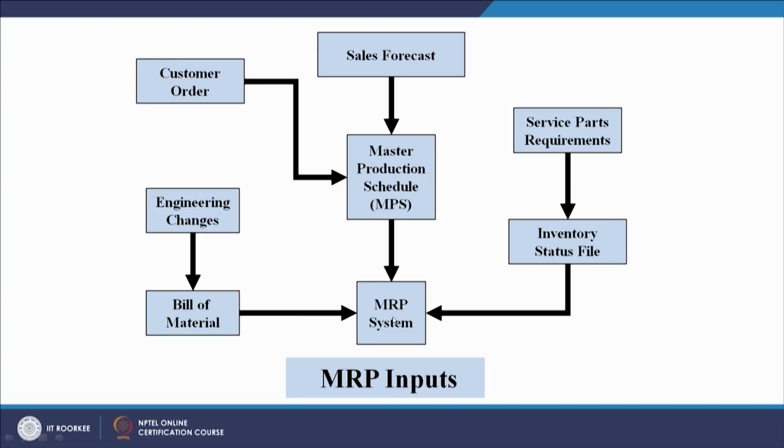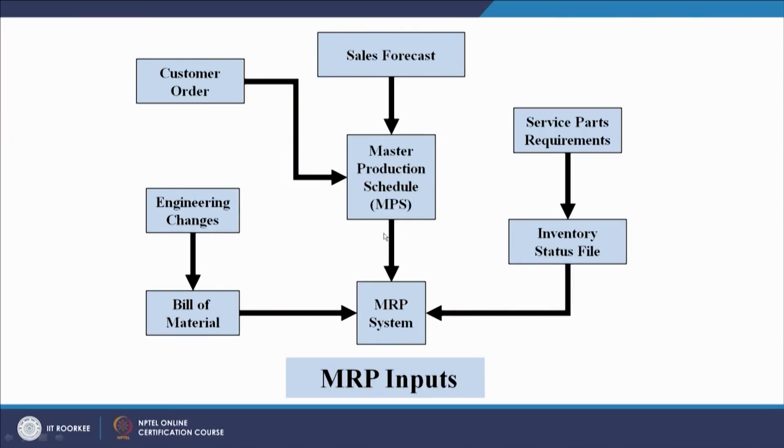So in the definition we have seen that the three inputs were the master production schedule, the inventory data, as well as the bill of materials. Here again, these three inputs have been depicted graphically.